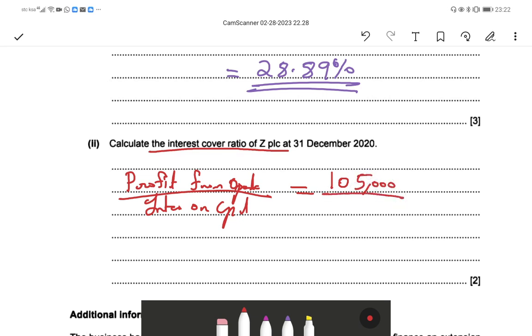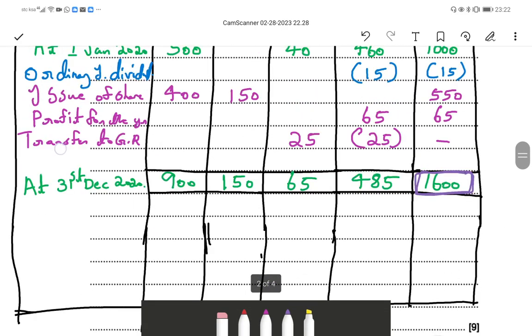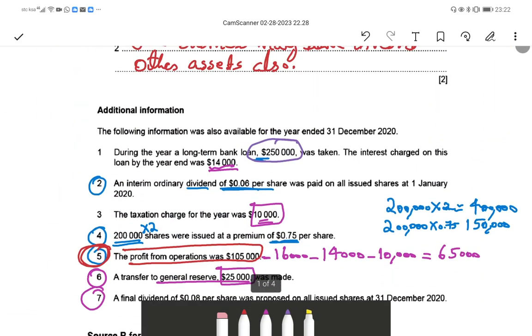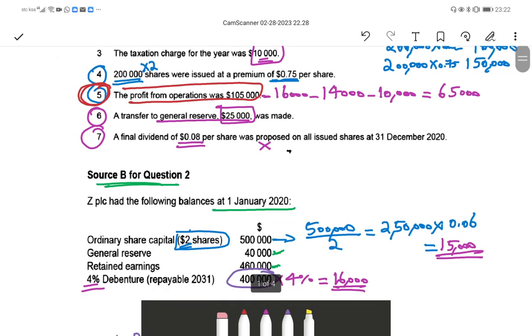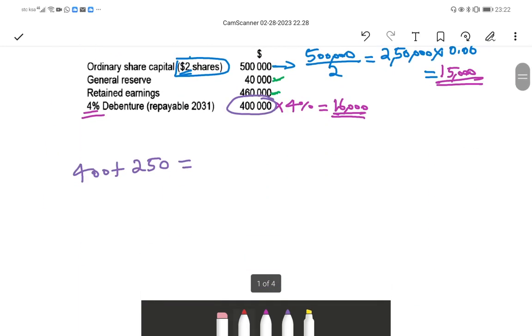105,000 divided by, what is the interest? We have two types of interest given. Bank loan interest is 14,000 plus debenture interest 4%, which we already calculated as 16,000.